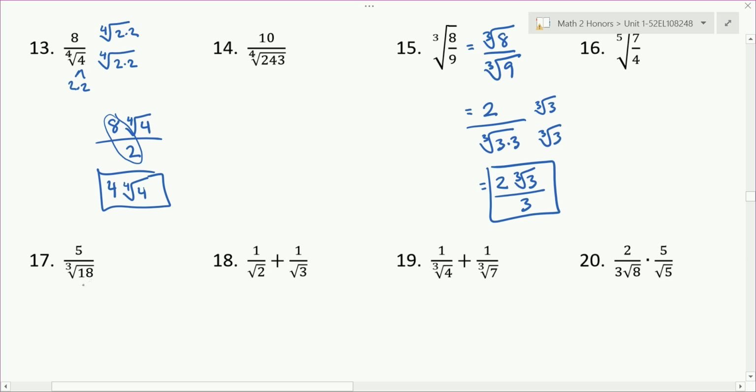17, I'm going to break down 18 to see what's there. I got 3 times a 3 times a 2. It's a little more complicated here. I want to rationalize the denominator, so I need to get rid of that cube root. So I need to multiply that by the cube root of 1 more 3, so I can create 3 3's, and I need 2 more 2's, so I can create 3 2's. So that's the number we want to multiply top and bottom by.